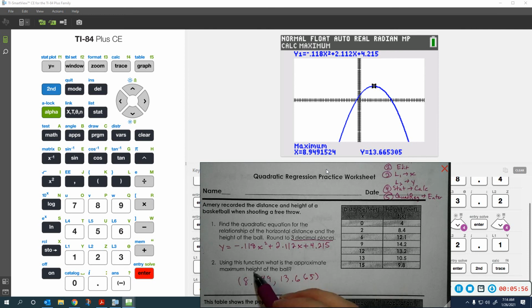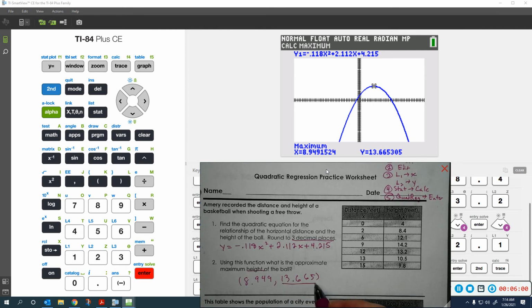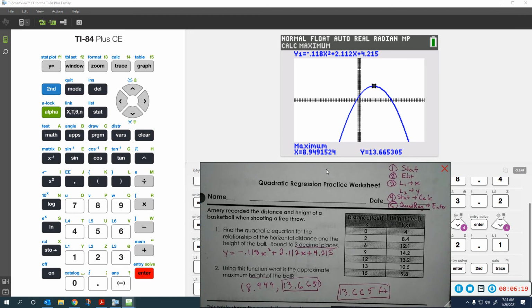But we just needed to know the maximum height. That was the point, so the height is going to be my y value, which is just 13.665, is going to be the height of what we needed. I'm going to stop the video here. We'll do one more example.